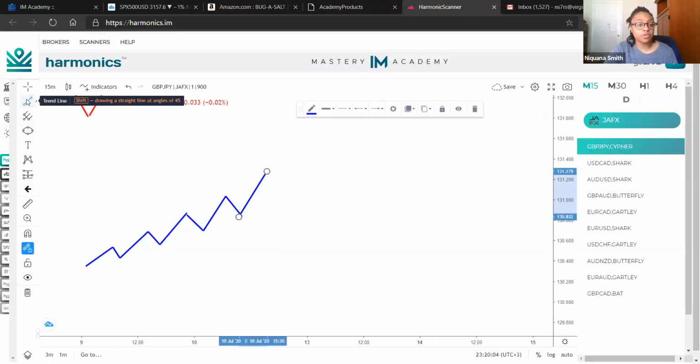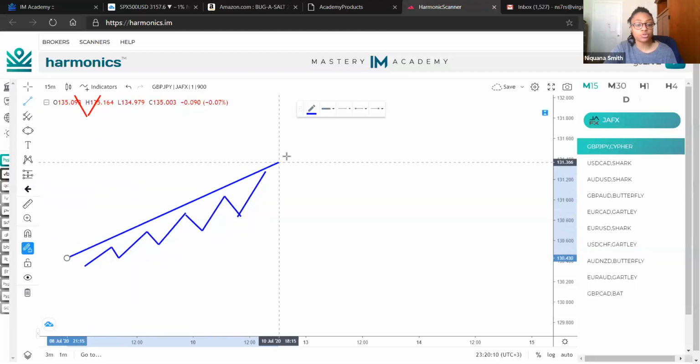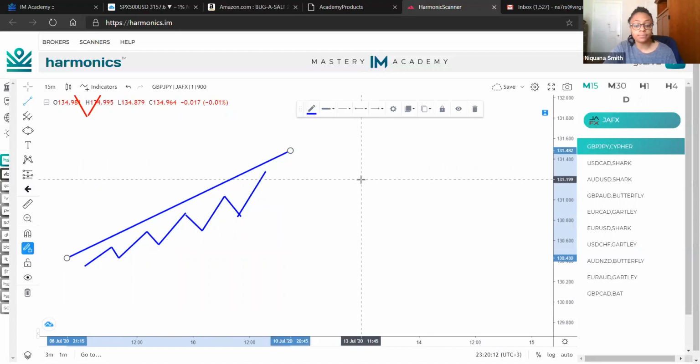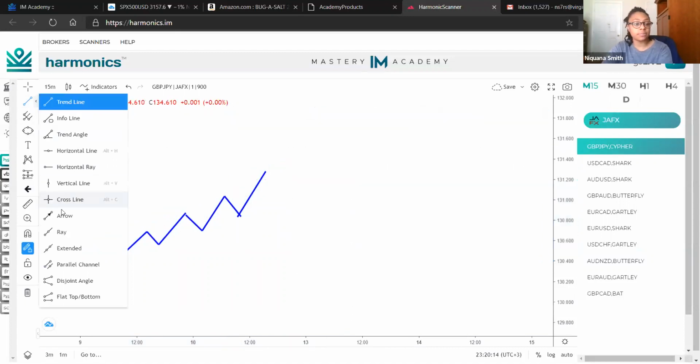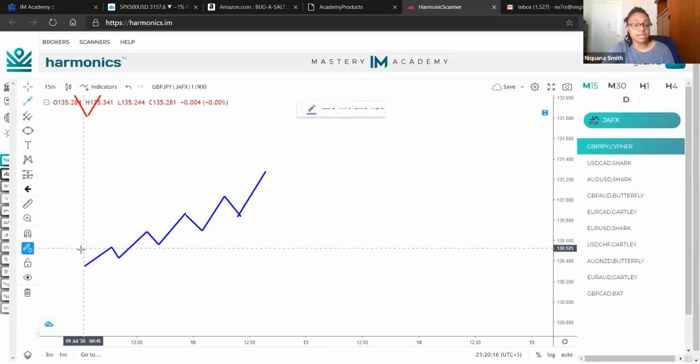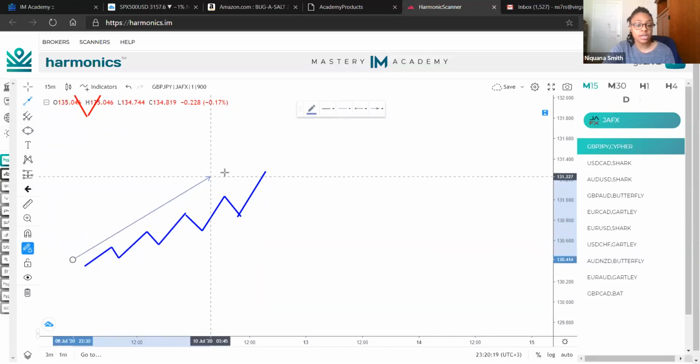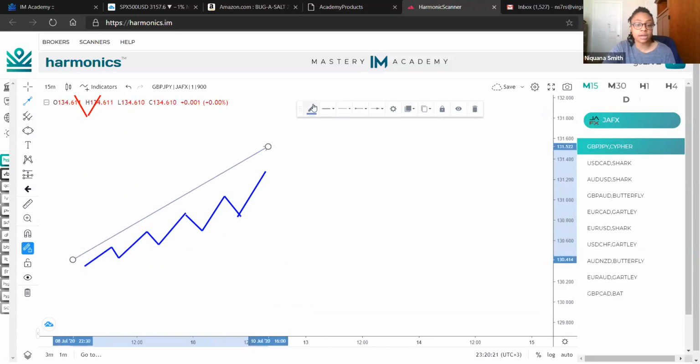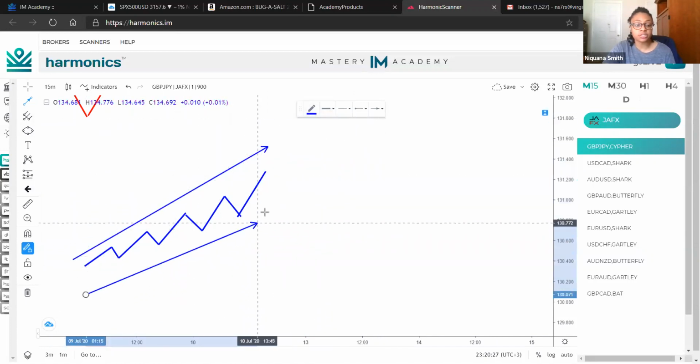Well, if you grab your handy dandy tool over here that says trend line, and you just go upward, you see that your trend line is going up. Let me grab my arrow instead so you can see the direction. It is going in the upwards direction. This is a trend.